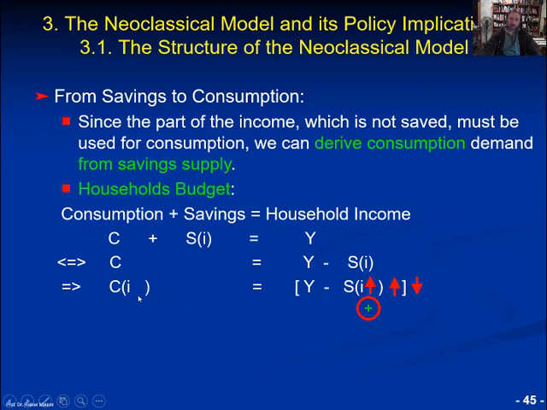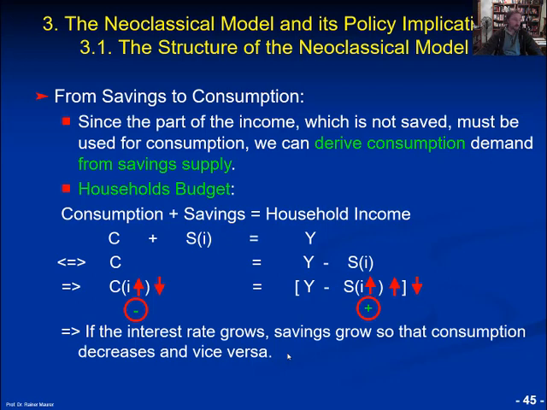In other words, consumption must get smaller. So if the interest rate goes up, consumption gets smaller. Hence, consumption has now the interest rate as a negative argument, just the opposite way as savings.